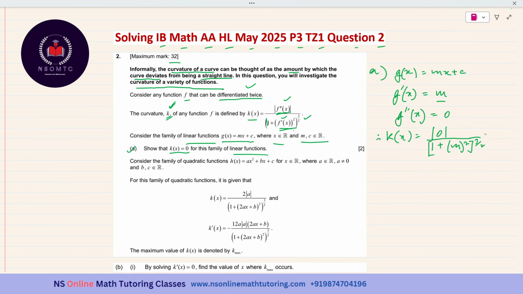The numerator is 0, so this should be equal to 0. Therefore k of x is equal to 0. Shown.